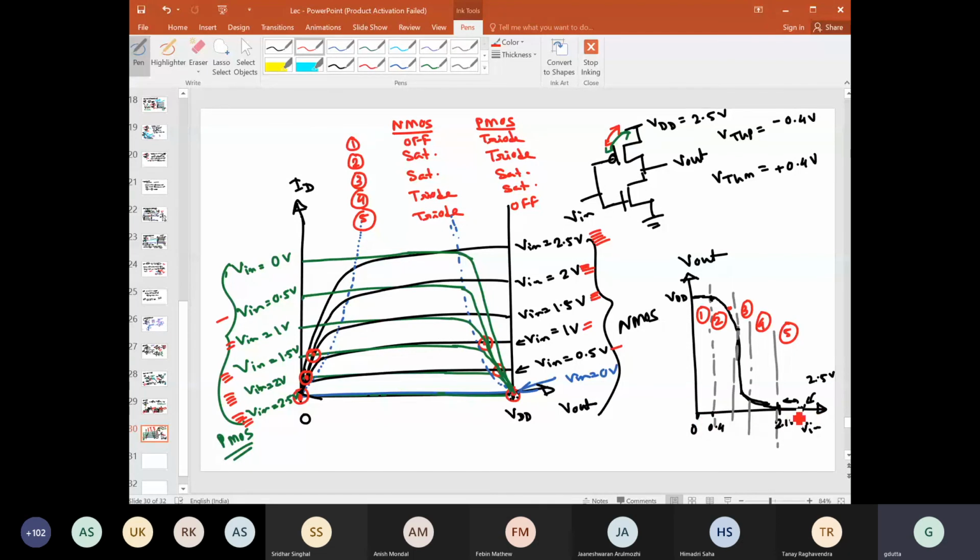Then VOL dash you already know. Then you should also be able to find the switching threshold for this CMOS inverter. Switching threshold is again where V in equals V out, and in that region both transistors are operating in saturation. So you have to equate both saturation equations together and solve for V in equal to V out, and that will give you the VTH, the switching threshold for this CMOS inverter.